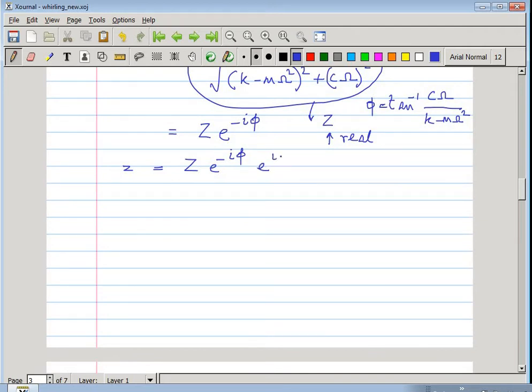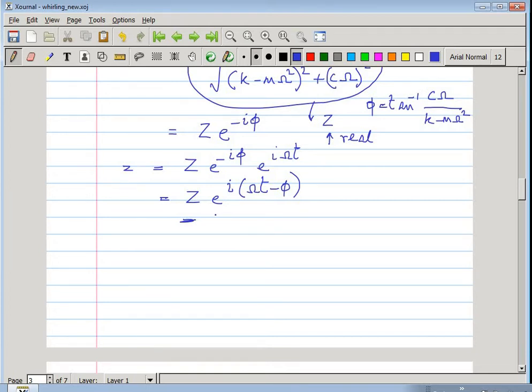So this is capital Z e to the power i omega t minus phi. That means this is the amplitude of z.